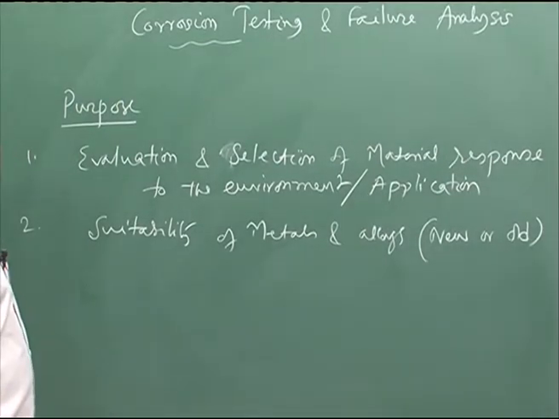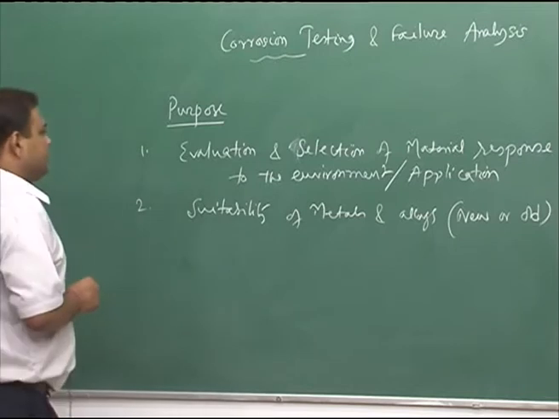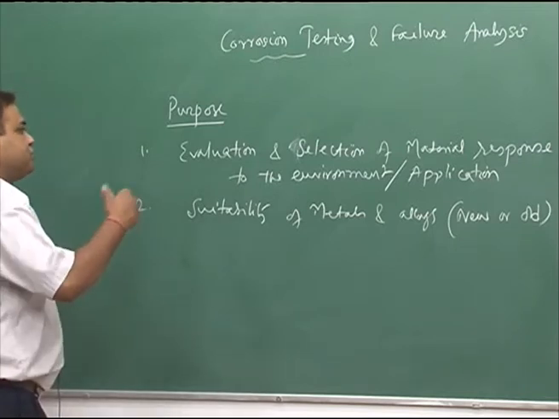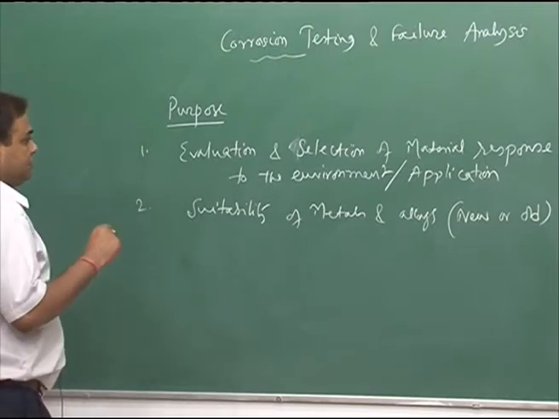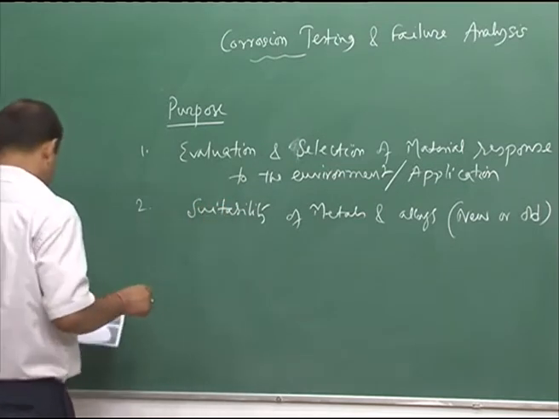For example, in case of new, we need to see its response. At the same time, for old, how long it will last in that particular application, exposed to the environment where it is working.